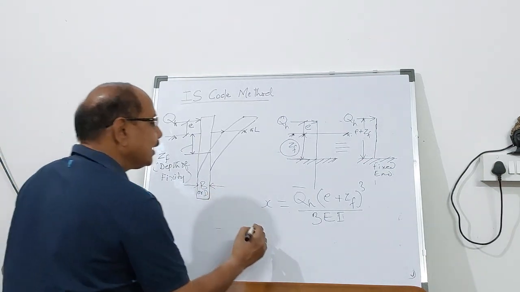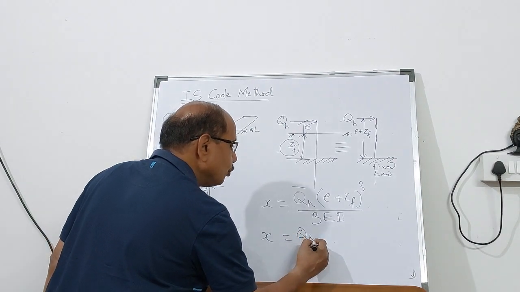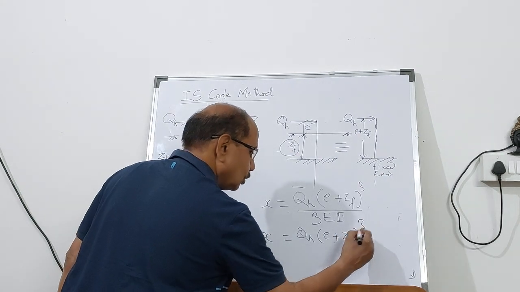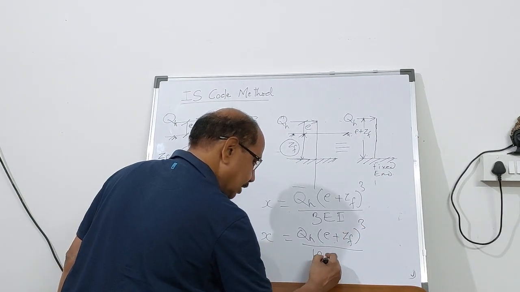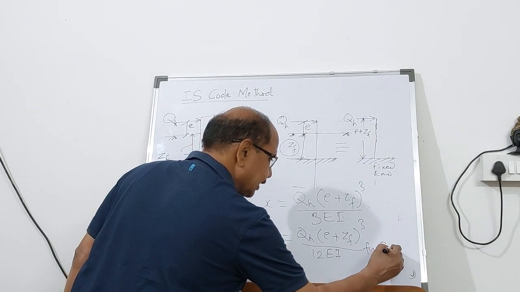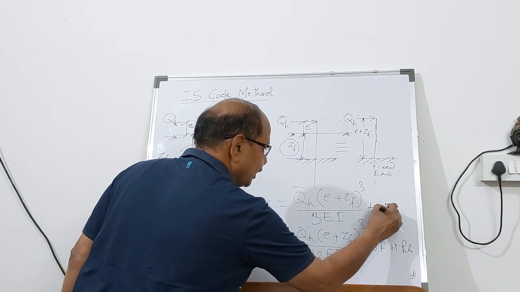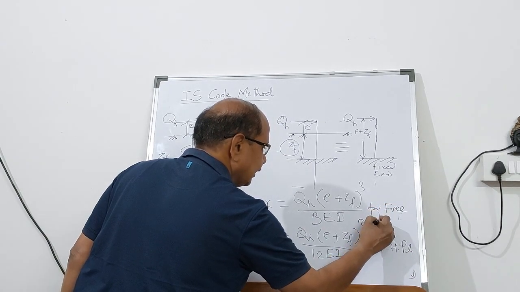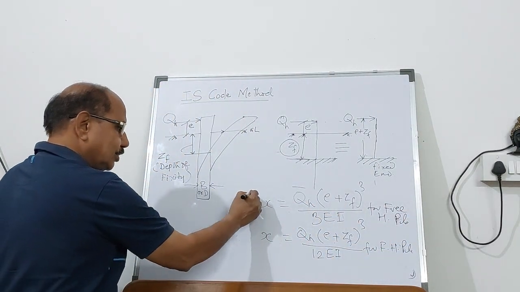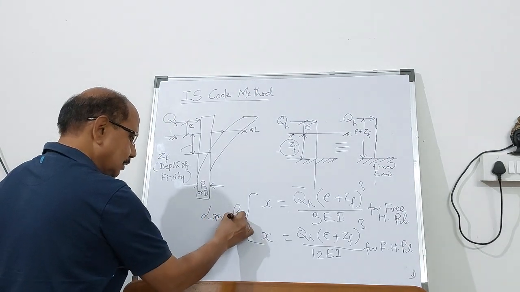If it is a fixed-headed pile, then X will be QH (E plus ZF) cube divided by 12 EI for a fixed-headed pile. And the former is for a free-headed pile. So you can find out the deflection like this. And this is applicable for a long pile.